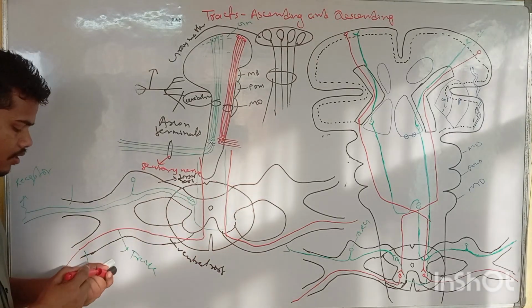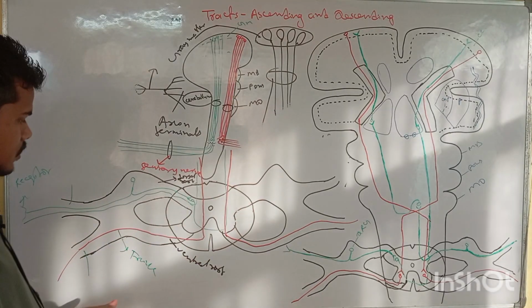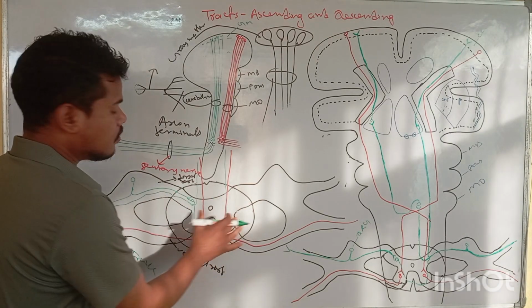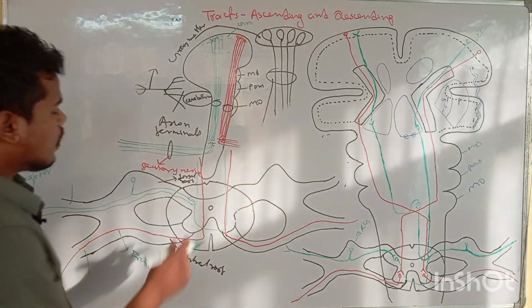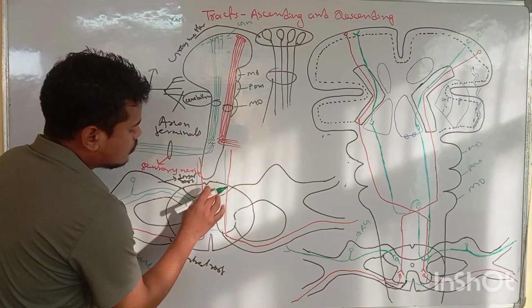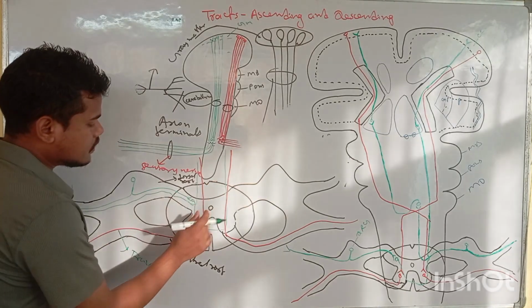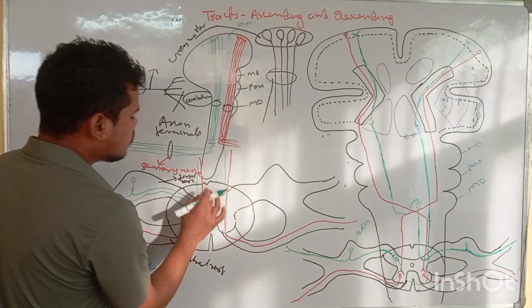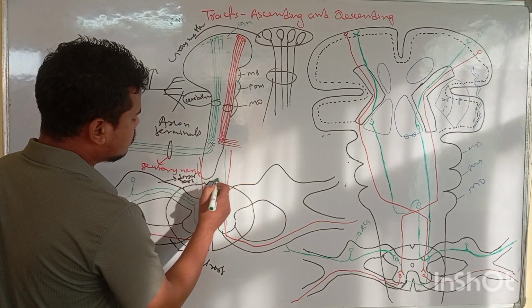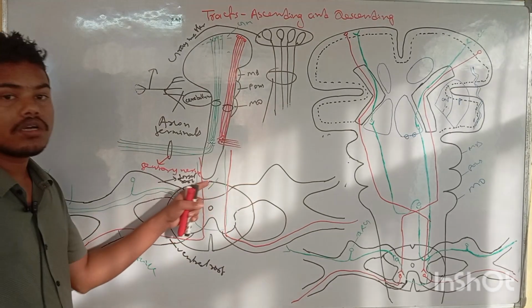And in this spinal cord, I am using time and again the anterolateral system and the dorsal system. Dorsally, this is the H-shaped gray matter, and this dorsal part will form the dorsal column.